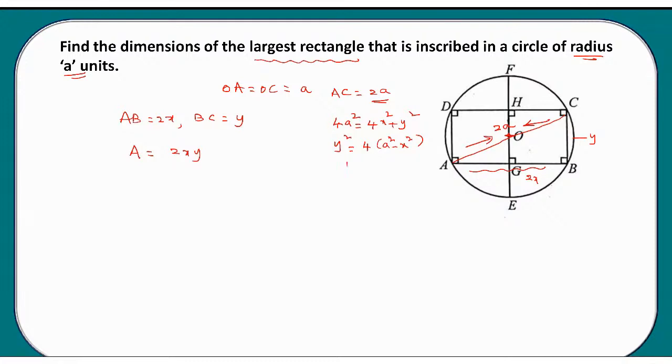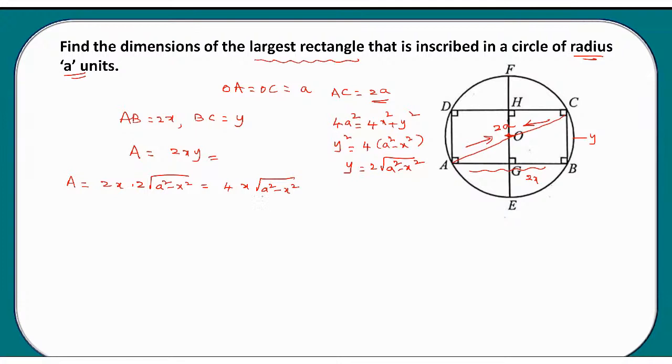Now, what is y equal to? 2 into the root of a square minus x square. Substitute this value and reduce area in terms of only one variable. Now, area A equal to 2x into 2 into root of a square minus x square, that is equal to 4x into the root of a square minus x square.